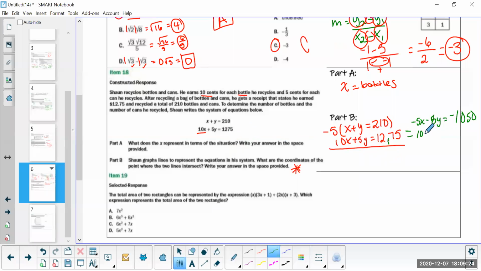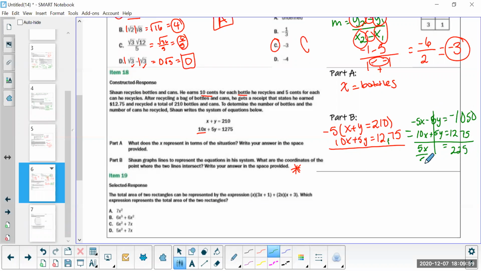10x plus 5y equals 1275. -5 plus 10 is 10x. -5y plus 5y cancels each other out. -1,050 plus 1,275 equals 225.